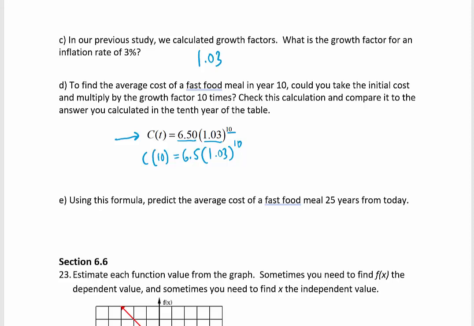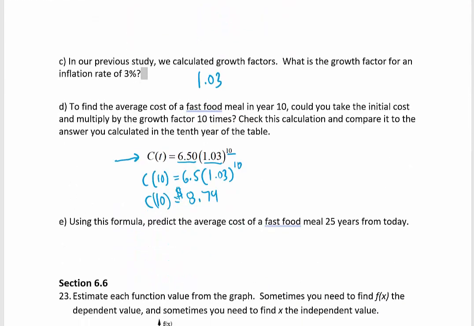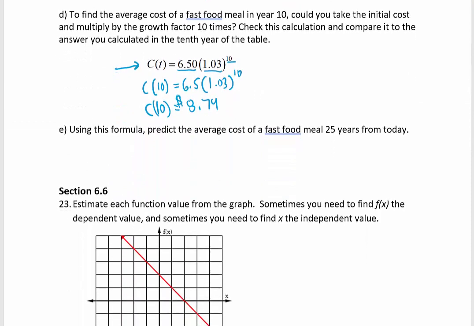And we take that times 6.5. And it gives us $8.74. Let's see how that compares to our table. Oh, spot on to the table. Yep, so very good.